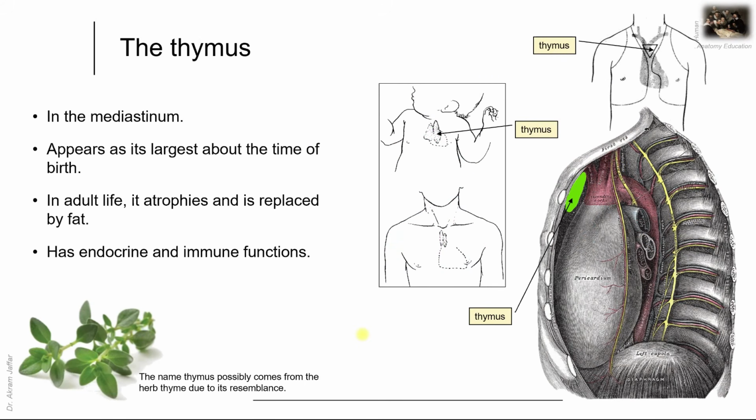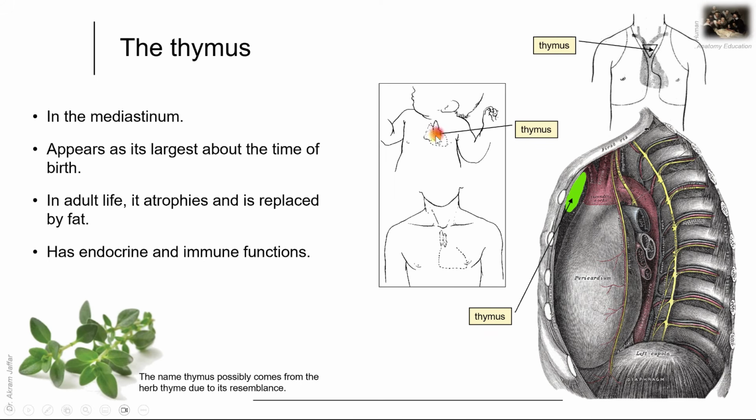The last lymphatic organ, which is actually a primary lymphatic organ, is the thymus, and the thymus is located in the mediastinum, in the superior mediastinum, most anterior part of the superior mediastinum. It might extend into the anterior mediastinum, and relative to adjacent structures, it appears at its largest about the time of birth.